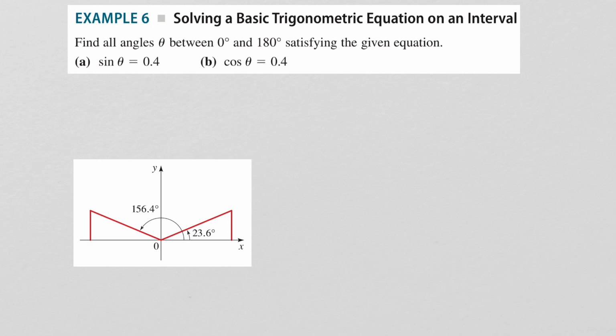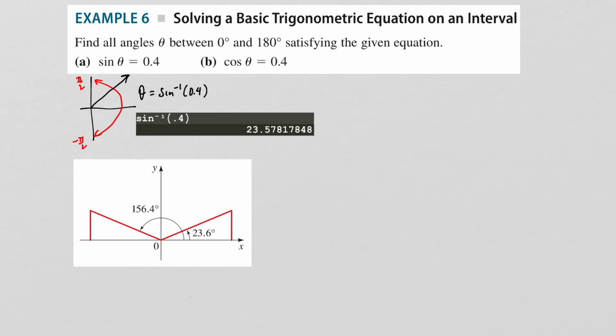So now let's keep in mind that if sine of theta is 0.4, in terms of the sine function and the inverse sine function, we're looking for an angle between pi over 2 and negative pi over 2 that satisfies this. So we're looking for theta, which is going to be the inverse sine of 0.4, and that's going to give us the angle in the first quadrant here. So let's go ahead and figure that out. And in this case, this is approximately 23.6 degrees.